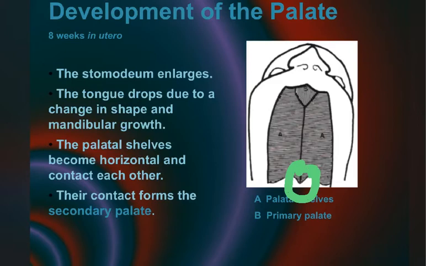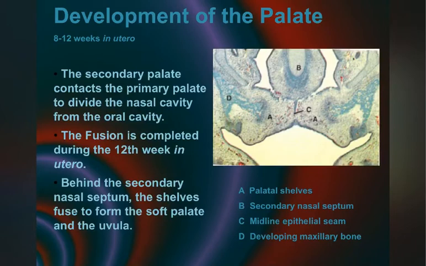The last part where the two lateral palatal shelves contact each other, then fuse together, is the uvula, which is here. From week 8 to 12, the secondary palate contacts the primary palate to divide the nasal cavity from the oral cavity.